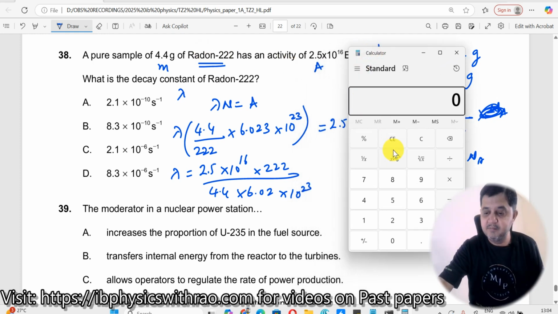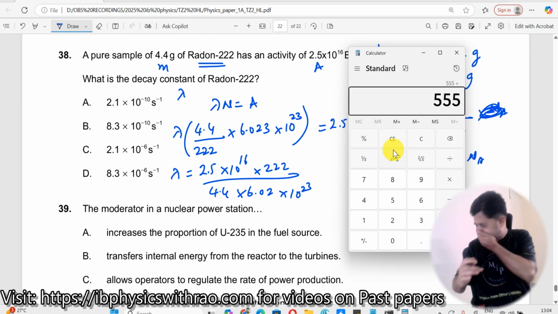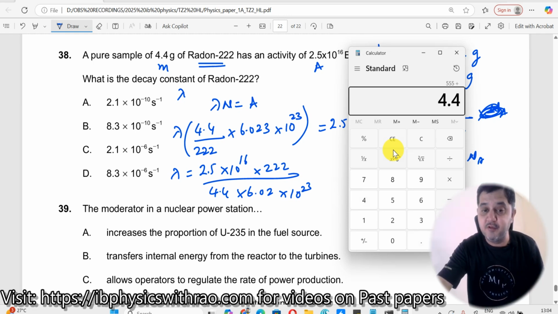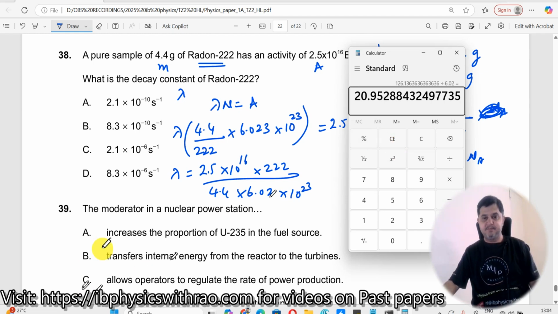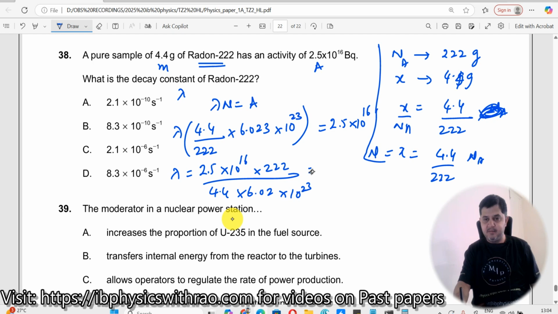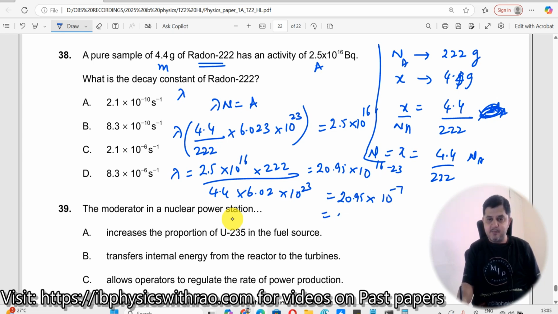Doing the calculation: 2.5 times 222 divided by 4.4, divided by 6.02, gives 20.95. Then 10 to the power of 16 minus 23 is minus 7, so this should be 2.095, which I'll make 2.1 into 10 to the power of minus 6.